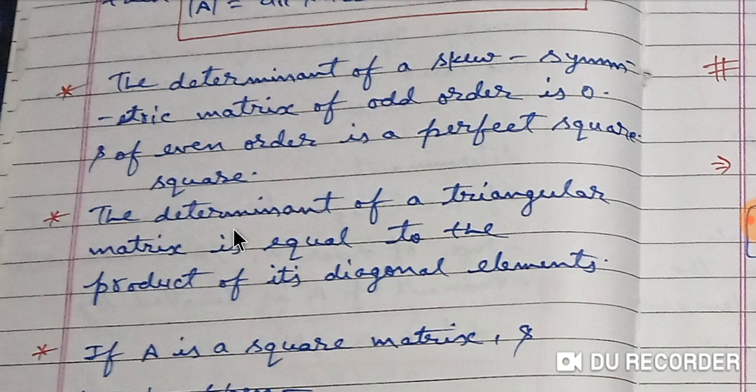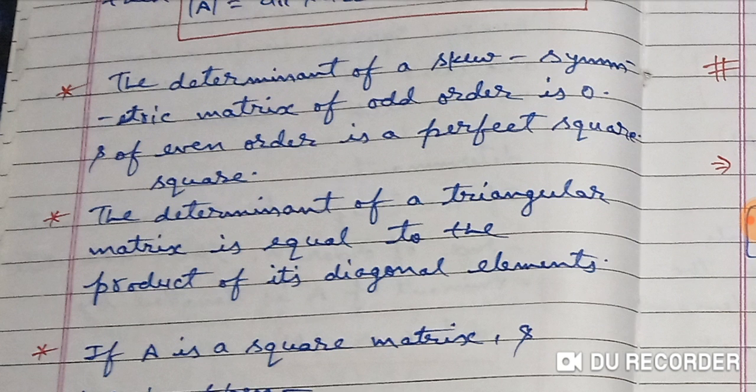Now this next property says that the determinant of a triangular matrix is equal to the product of its diagonal elements. So what about this triangular matrix? We have just discussed the diagonal matrix.